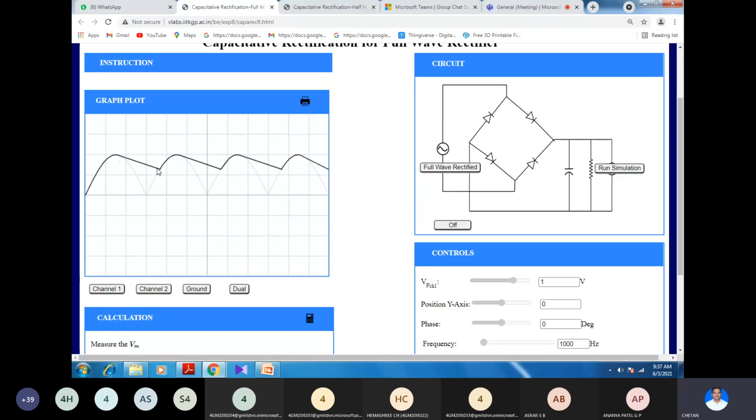Again during the second half cycle, these two diodes will be forward biased, and the capacitor will charge to a smaller extent. After reaching maximum value, again the capacitor will discharge, and again during this third cycle, these two diodes will start conducting. The capacitor will charge and reach maximum value, then afterwards it will start discharging, and this process will continue.